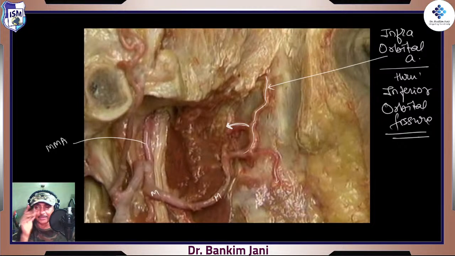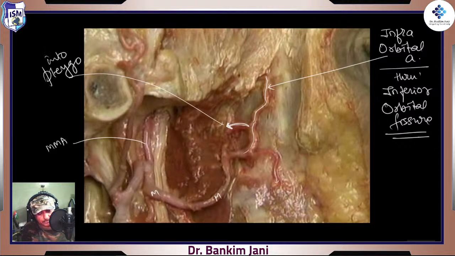Between the pterygoid and the back of the maxilla there is a gap, which is called the pterygomaxillary fissure. In the deepest part there was the foramen rotundum, which we tried to see from the orbit. So this is where it goes into the pterygomaxillary fissure, and that's it.